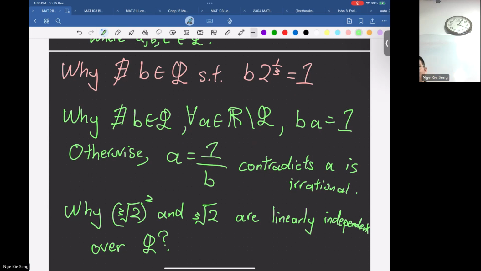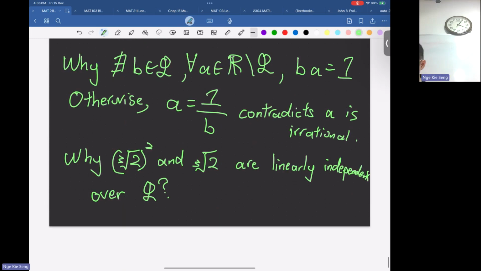Then we can just extract one cube root 2 out.